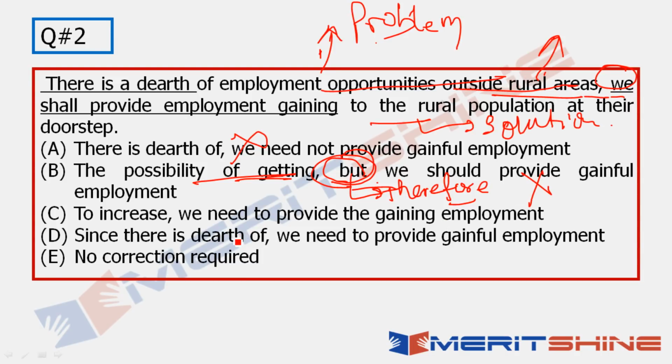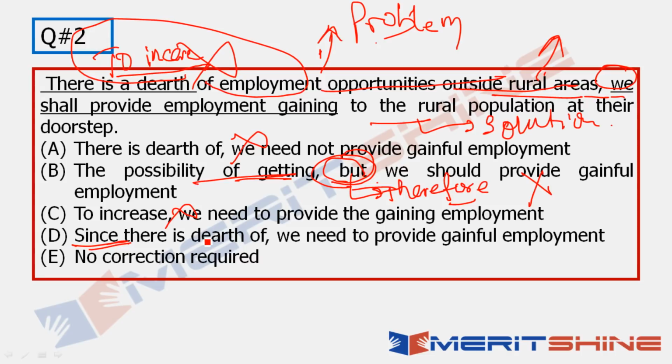To increase of employment. Now this is grammatically wrong. If I put to increase of employment opportunities, wrong. So therefore this is eliminated. Since now you know that the original is wrong, therefore D has to be the answer, but still you can check. Since is a conjunction, it is acting as a conjunction out here.